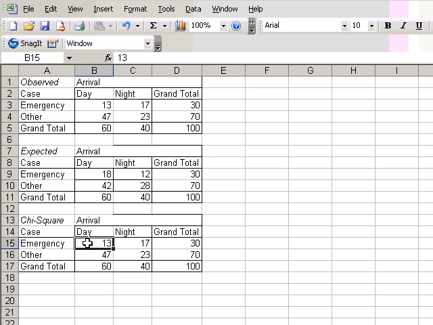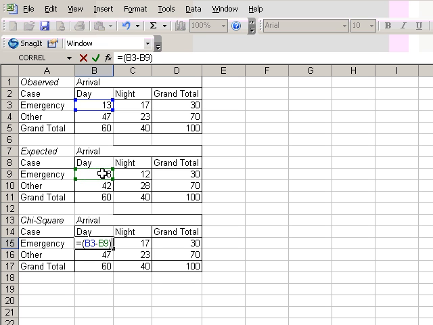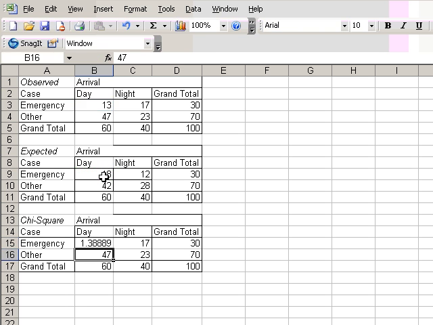So here I will say that this is equal to the observed minus the expected squared divided by the expected. And this is the first value, 1.38, that will become part of the final chi-square. Now I can drag this to the right and drag this down, and there was no need to fix anything because the actual formula moved appropriately as I did that.